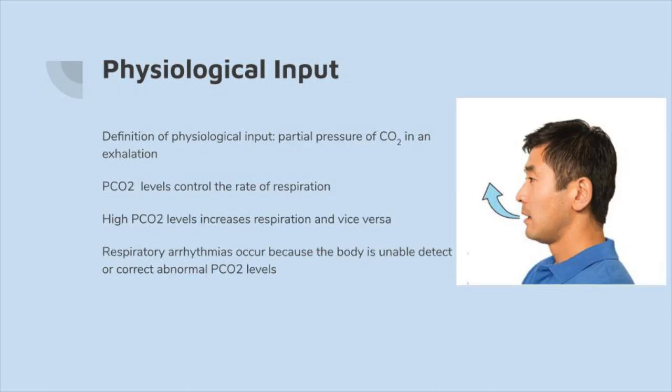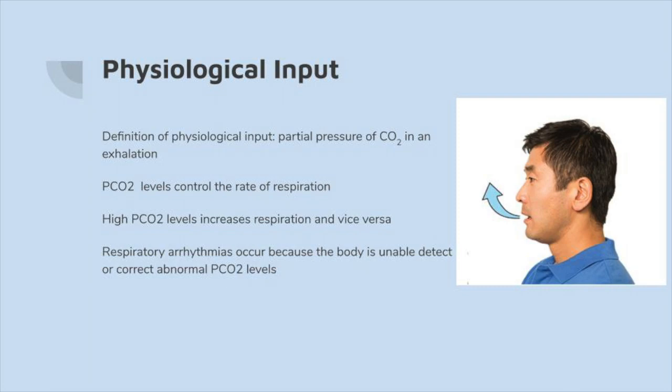The partial pressure of CO2 in the body controls the rate of respiration, which in turn determines the amount of oxygen being supplied to the body and the rate of removal of metabolic waste products at any moment. PCO2 levels regulate many processes in the body, including blood pH, breathing, and affinity of hemoglobin to oxygen. For example, when PCO2 levels are high, the rate of respiration increases to reduce it.